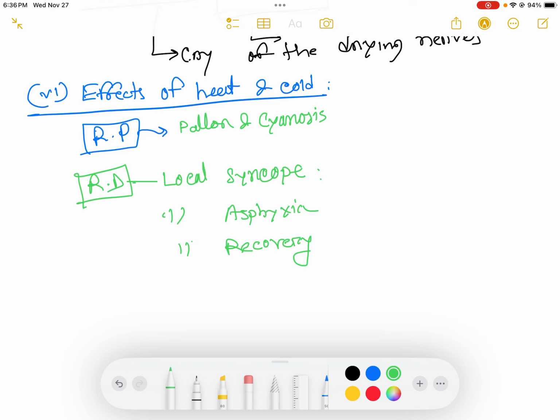Local syncope, in which the affected digits become cold and white with tingling and numbness.